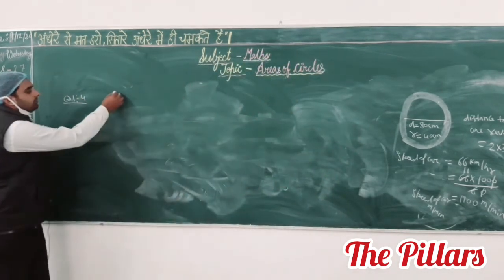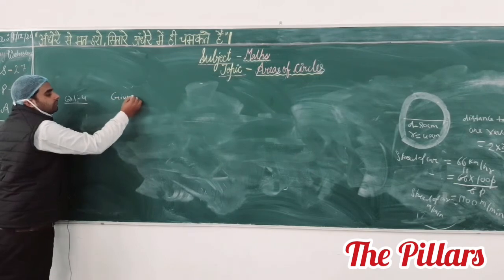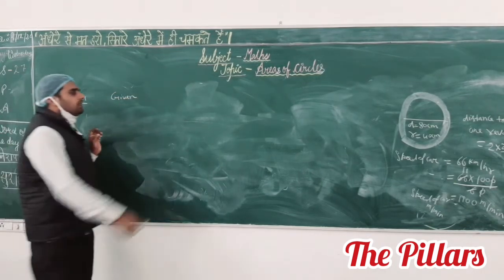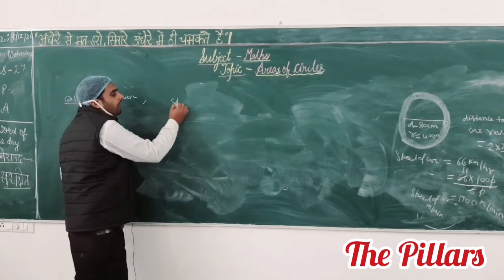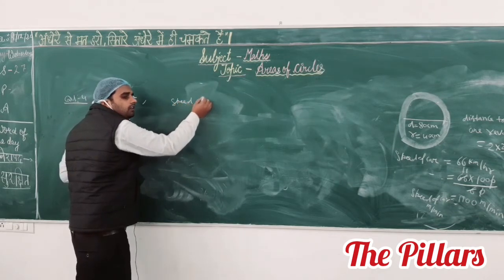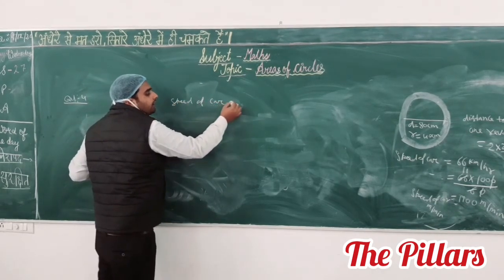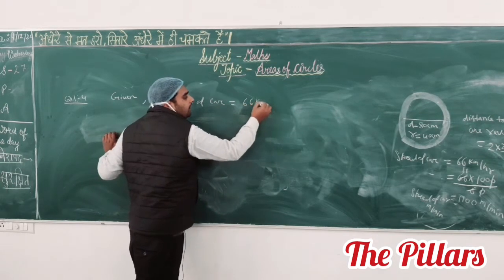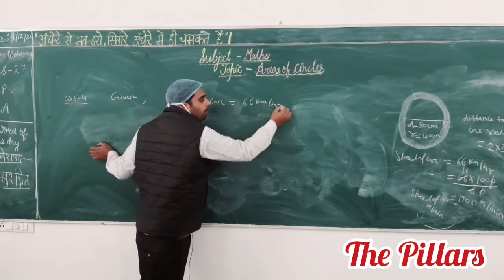Given: the speed of the car is 66 kilometers per hour.